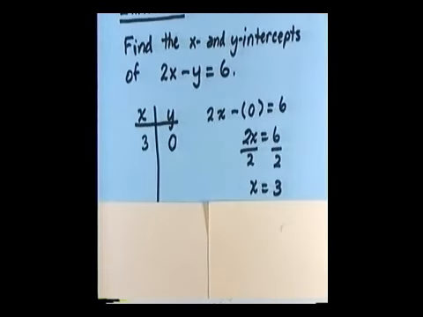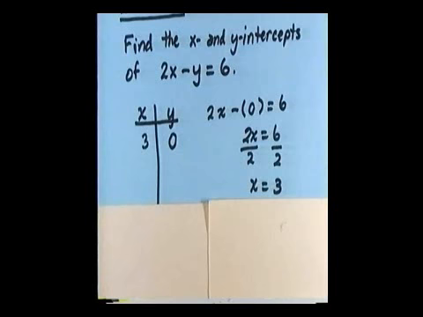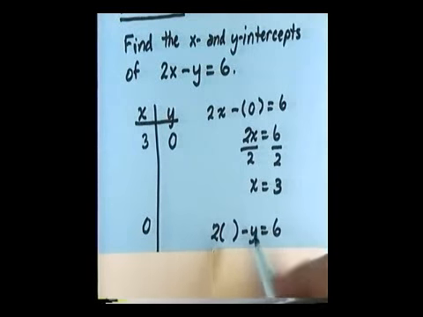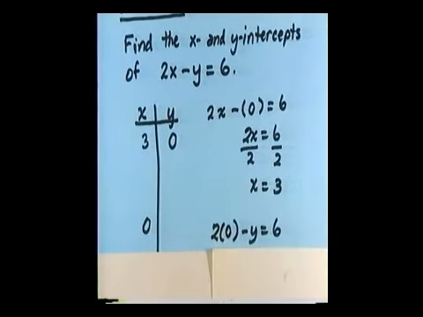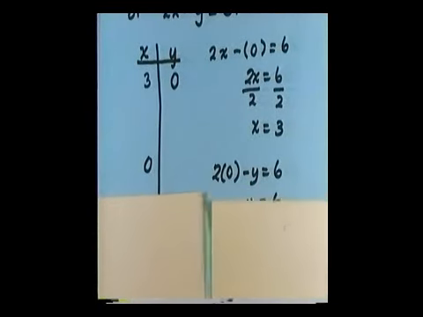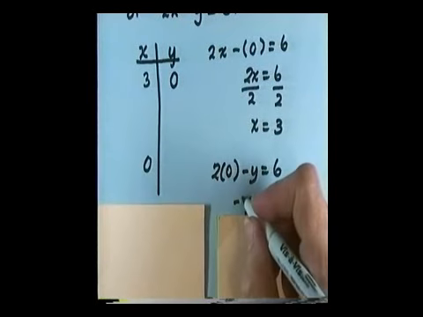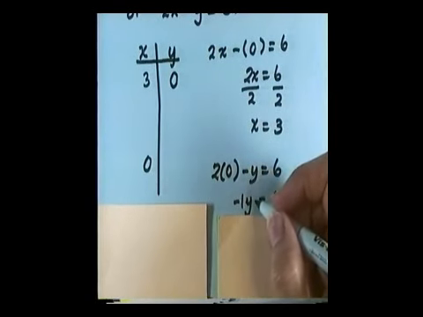To find the y-intercept, we must let the x value be 0. And so our equation is 2 times the x value of 0, subtract y equals 6. 2 times 0 subtract y is the opposite of y. Opposite of y equals 6. This is actually negative 1 times y.